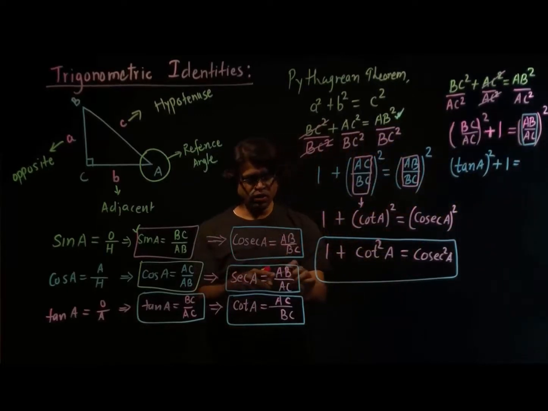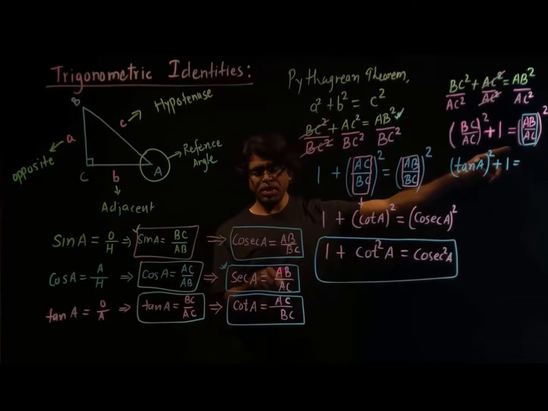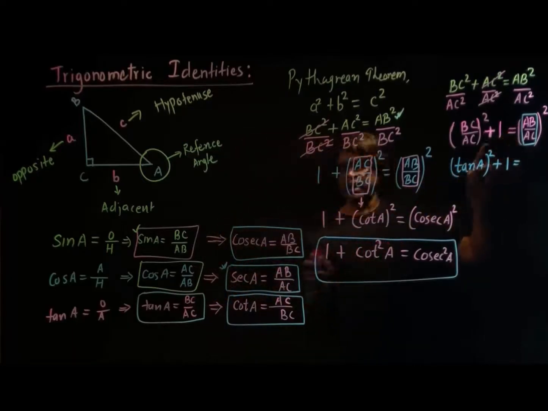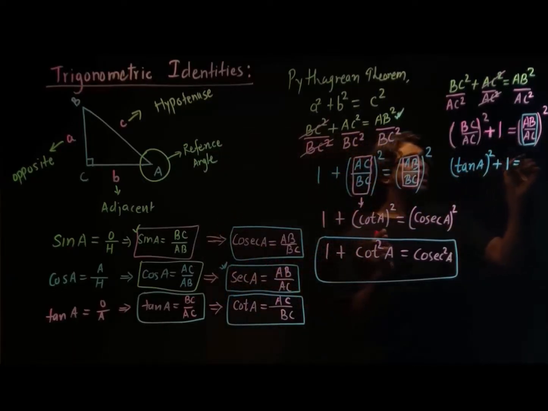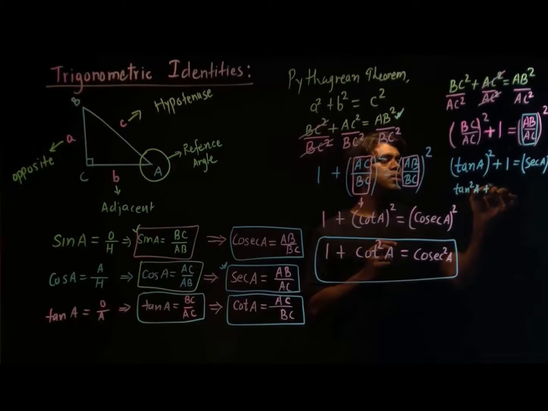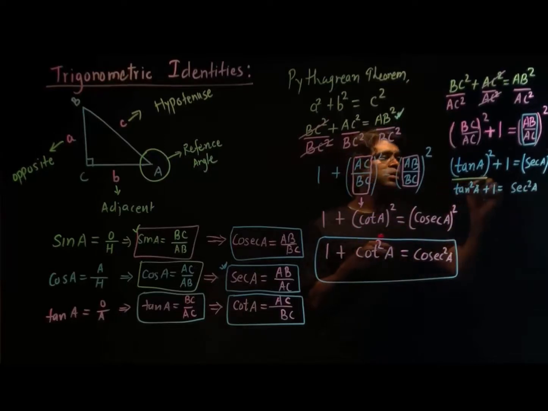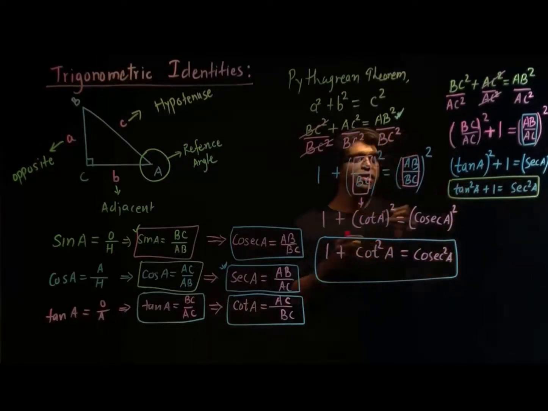If I look closely, secant is the one because secant is AB over AC. So I will write inside the bracket secant A whole square. If I simplify further, I can write tangent square A plus 1 is equal to secant square A. And this is my third trigonometric identity.